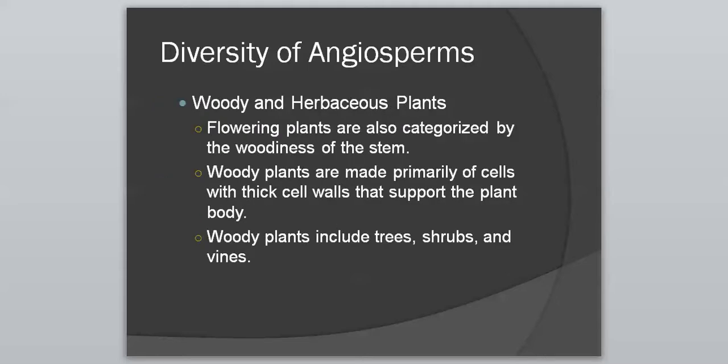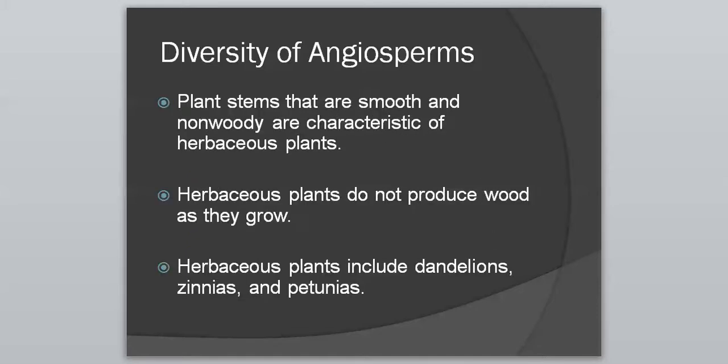So woody and herbaceous plants. Plants are also categorized by the amount of woodiness that they have in the stem of their plant. Woody plants are made primarily of cells with thick cell walls that support the plant body, and this would include things like trees, shrubs, and vines. And then plant stems that are smooth and non-woody are characteristics of herbaceous plants.